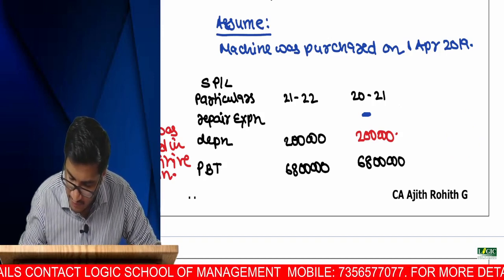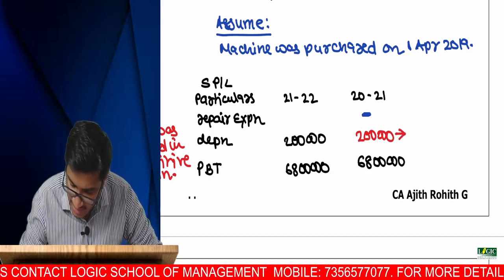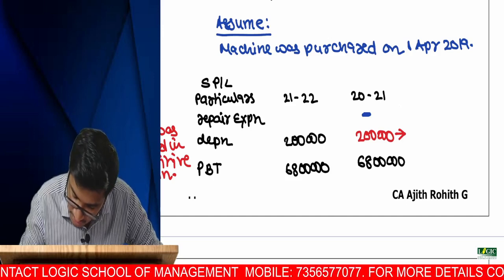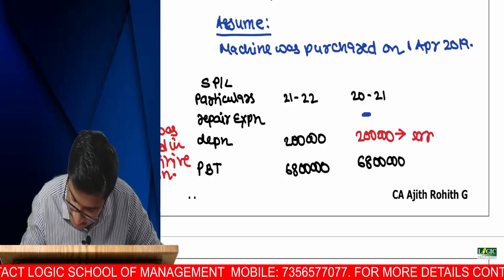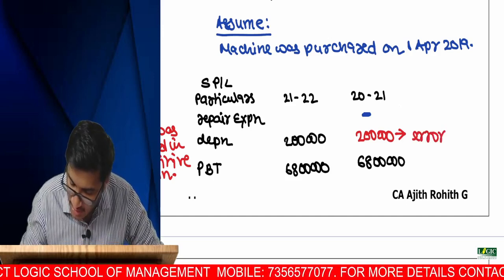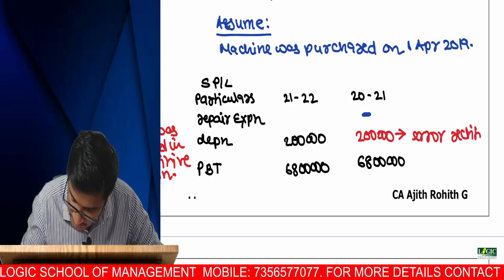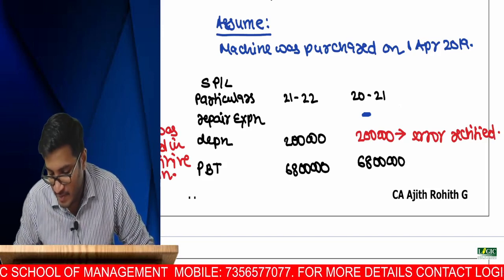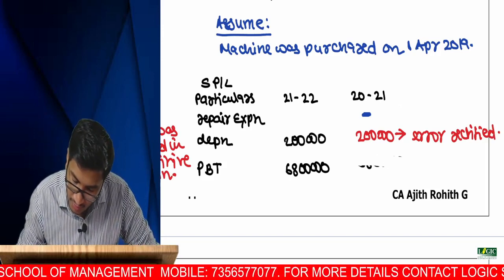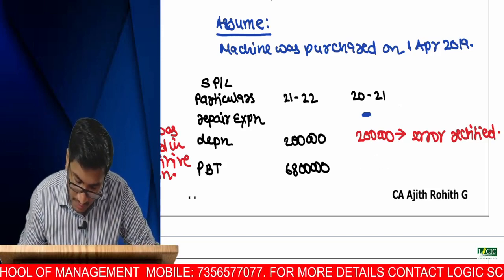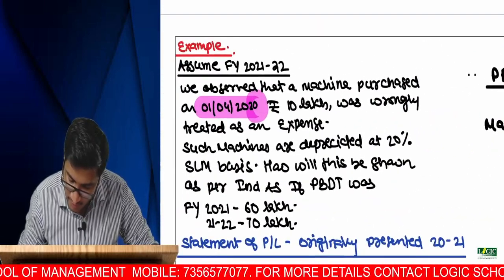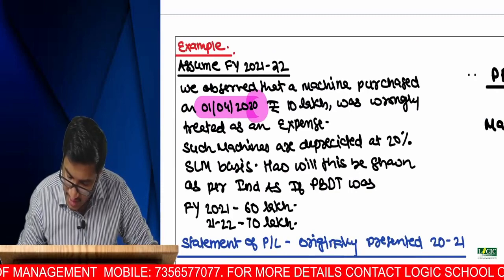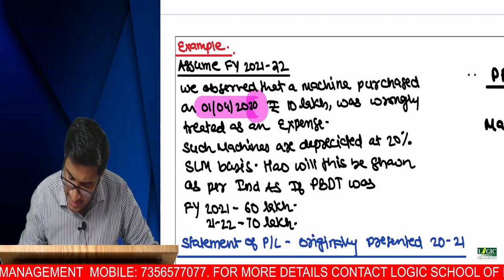Depreciation, I would have updated this. Last year actually you wouldn't have done a depreciation, so you have updated the error rectified. Profit would be what? Last year profit was, assume last year profit is 60 lakh and last year there is no expense. The only thing is that there is a depreciation.